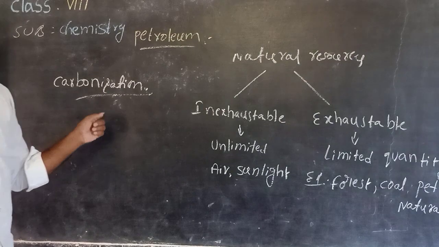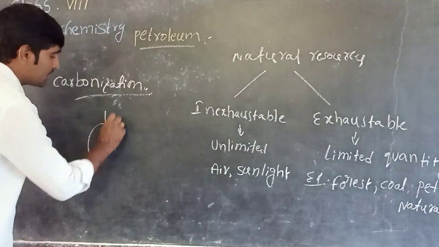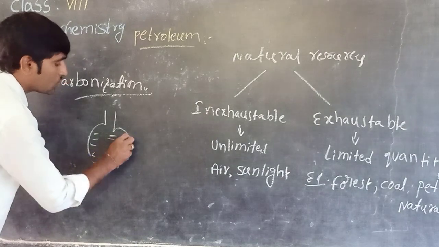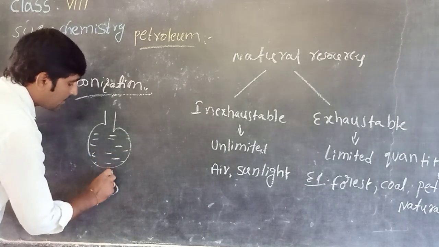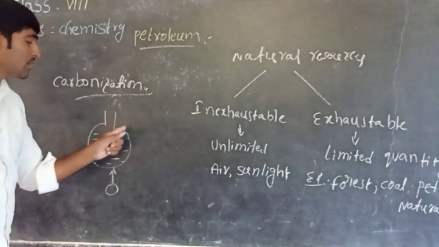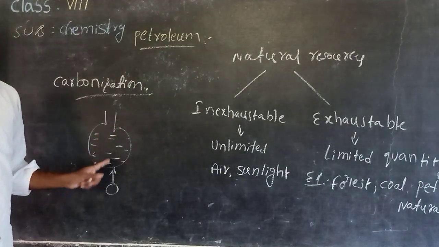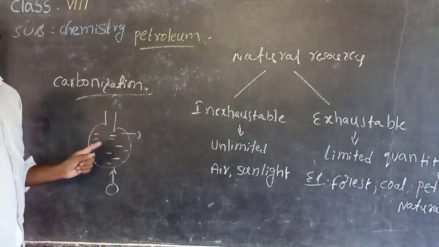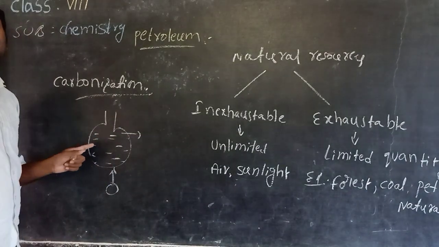So destructive distillation means, children, in one tank, in a distillation tank, they take coal and send it for heating at different temperatures. We are getting different products from the coal. It is the raw material.